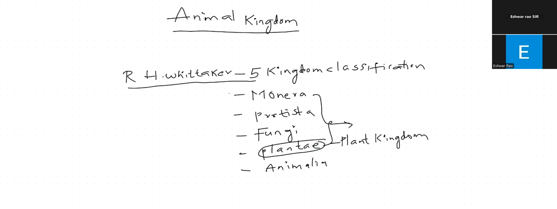These four are going to be related to our botany topics. So our botany lecturer is going to discuss the above said kingdoms like Monera, Protista, fungi, plantae, as well as Animalia. Now, let us see here how this Animalia is going to be elaborated.